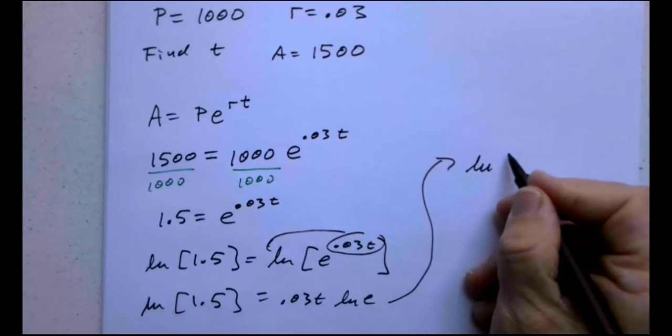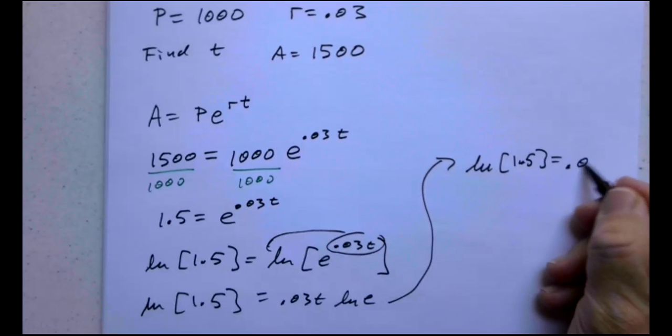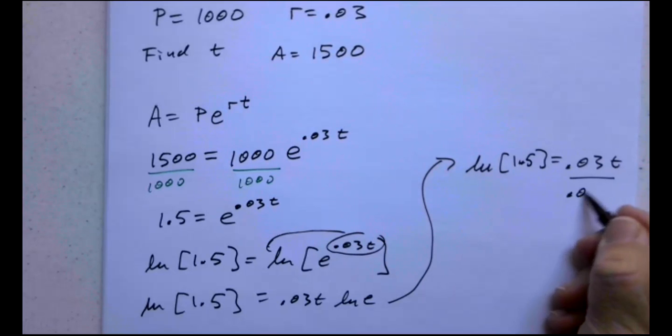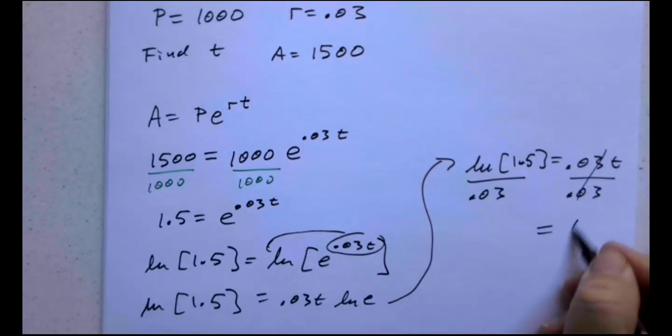So I get natural log 1.5 is 0.03t times 1. Then divide both sides by 0.03. We get t is natural log 1.5 divided by 0.03.